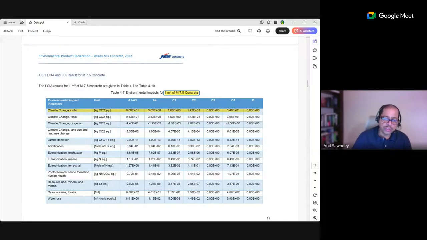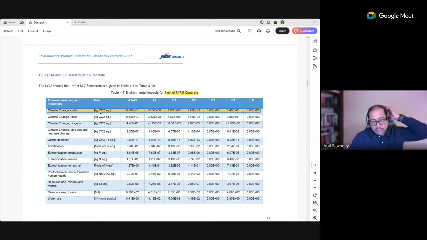Then you will have numerous tables by grade. So for your 7.5 grade ready-mix concrete, the row that we are interested in is the first one, total GWP. We are not going to look at acidification and others, but obviously you can.